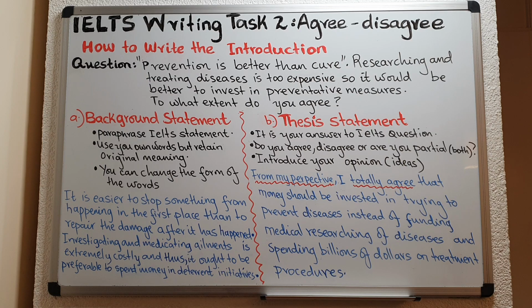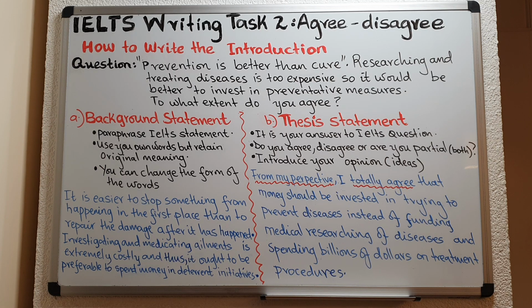Now, in my personal opinion, you don't have to do this. I always encourage my students to either agree 100% or disagree 100%. Because if you're partial, which means that you agree and disagree, then you complicate your essay. You only have 40 minutes.